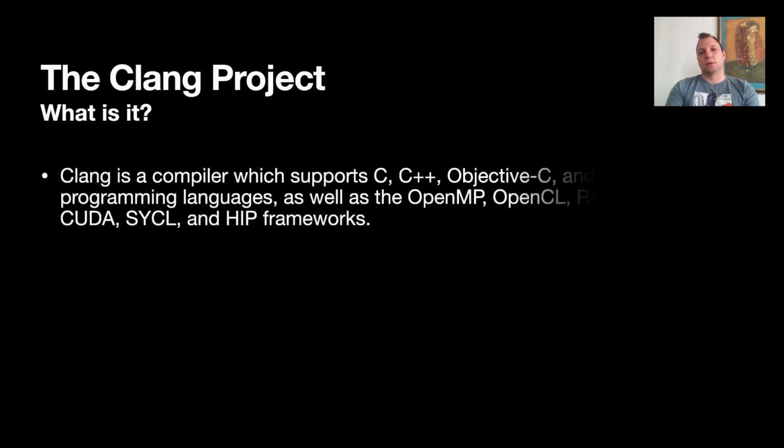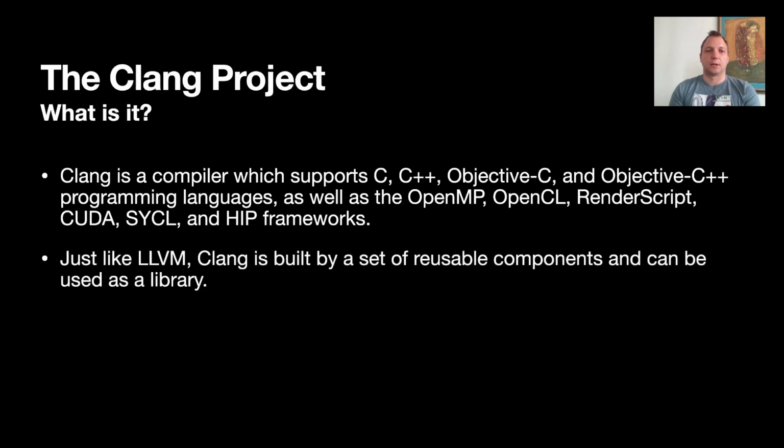First, what is the Clang project? The Clang project is the C, C++ frontend of LLVM. It's a compiler that supports C, C++, Objective-C, Objective-C++, and other frameworks like OpenMP, OpenCL, RenderScript, CUDA, SQL, and HEP.